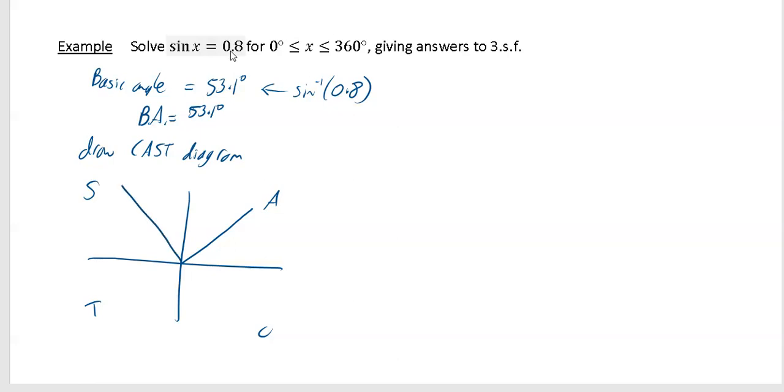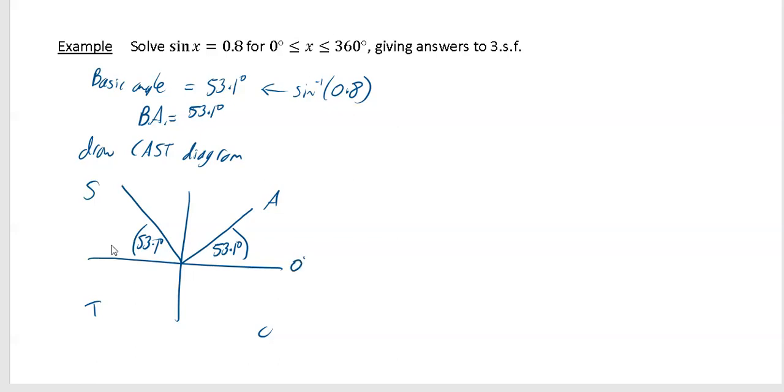Then you mark in your basic angle, and very important, it says this in your notes, you always mark in your basic angle with the horizontal axis. So your horizontal axis is here, your angle appears in here and here, so your 53.1 is in this bit and in this bit.